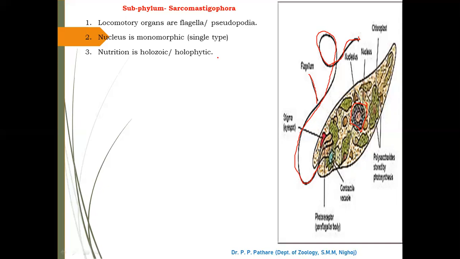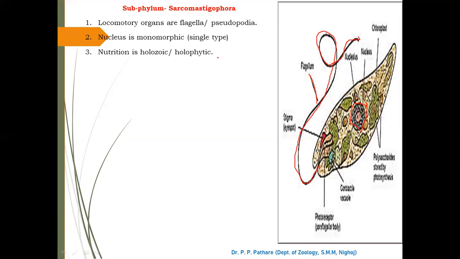And what is the holozoic nutrition? It is a type of heterotrophic nutrition, means they depend on another living organism for food purpose. This type of nutrition includes different processes, that is nutrition obtained by the consumption of food material, then processing of food material, then digestion, absorption, and assimilation.